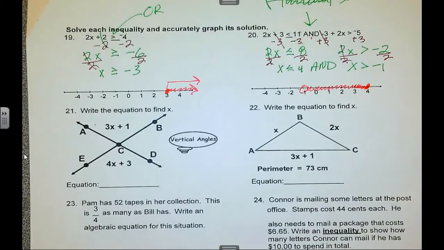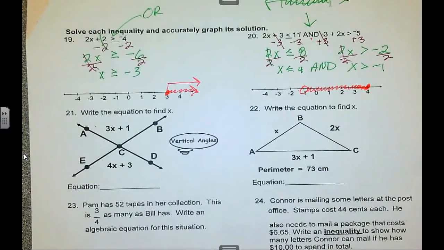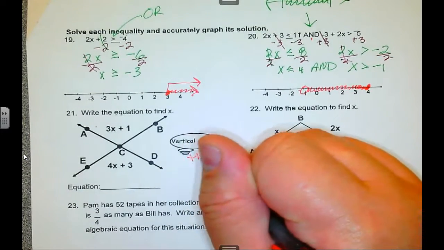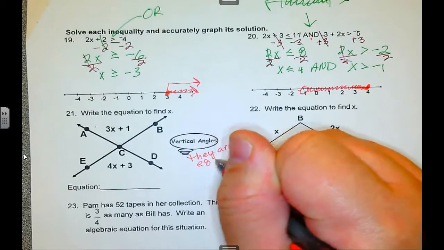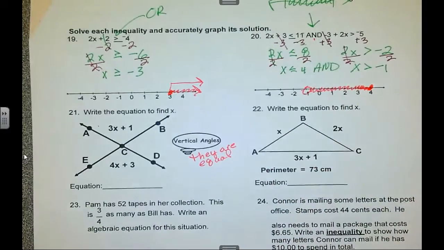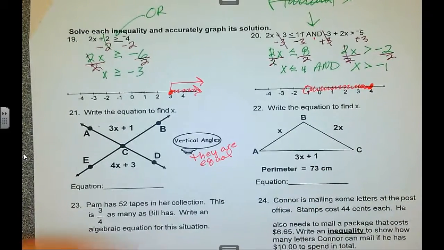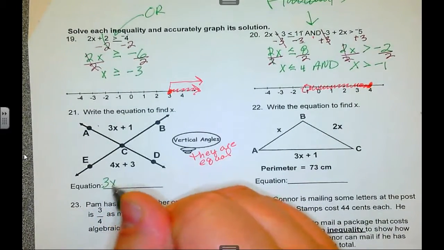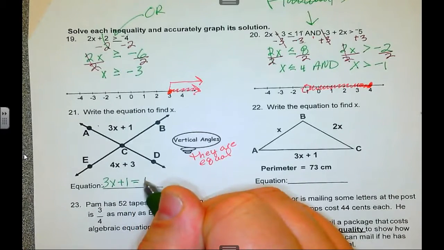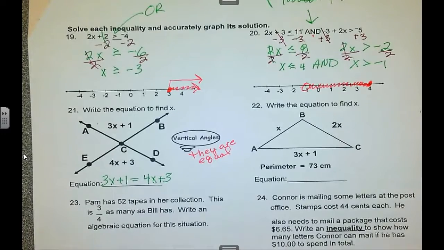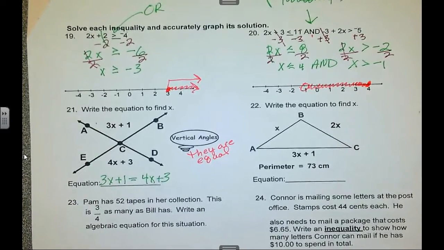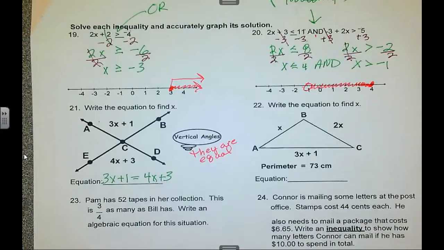What do I know about vertical angles? They are equal. So what am I going to do with their measurements? Equal to each other. Subtract 3x from both sides.